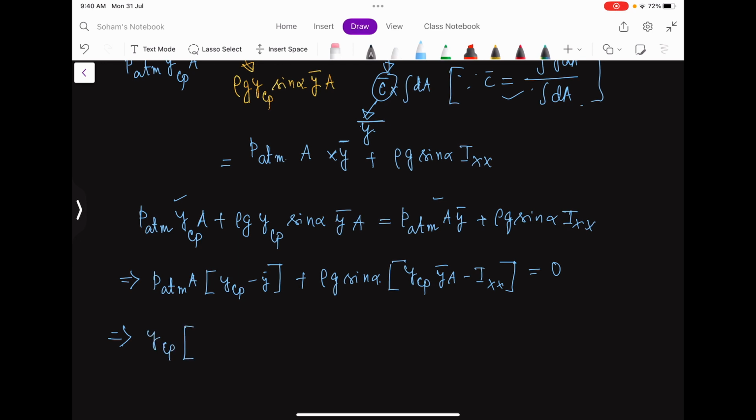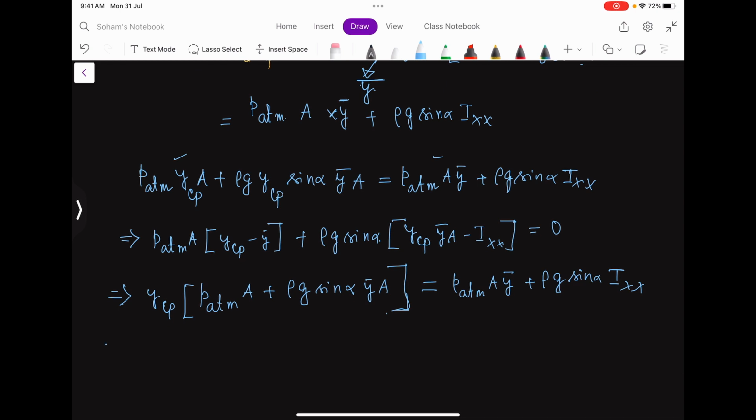This will be a more helpful step, into y bar A, and that is equal to p atm into A into y bar plus rho g sin alpha Ixx.